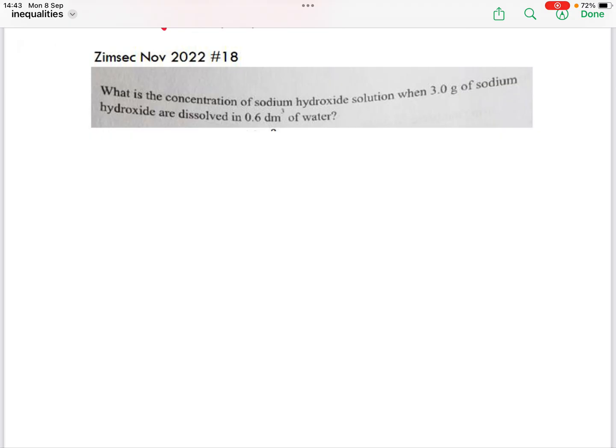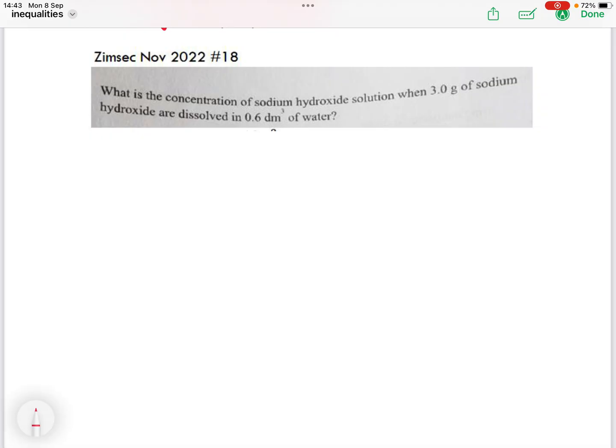This was November 2022, number 18. It is reading, what is the concentration of sodium hydroxide solution when 3 grams of sodium hydroxide are dissolved in 0.6 cubic decimeter of water?